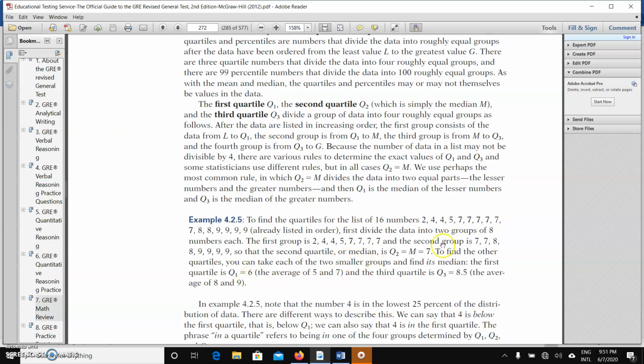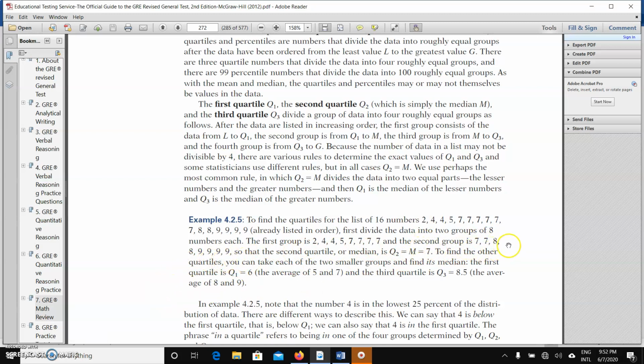Now let's go to the other side. Look at the set of numbers above the middle number, which is 7 here. That is 7, 7, 8. This is the distribution data above Q2, and you look for the median of this other part too.